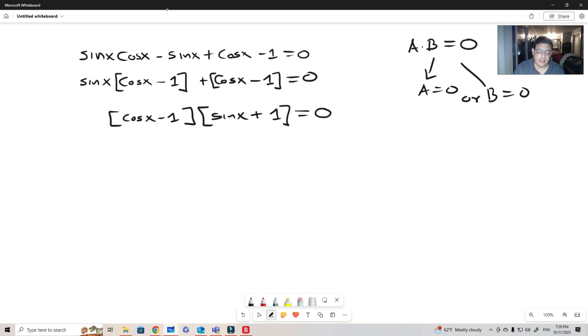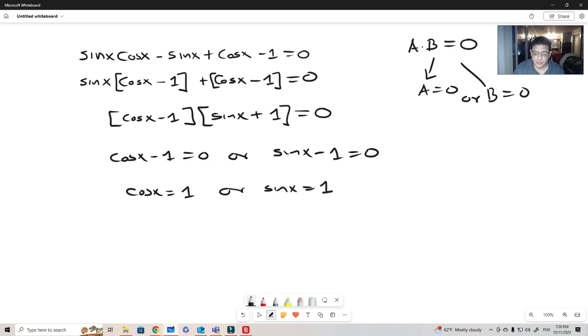So the meaning of that is that cosine of x minus 1 is going to be equal to 0, or sine of x minus 1 is going to be equal to 0. So this means that now we have the equation cosine of x equals 1 or sine of x equals 1.